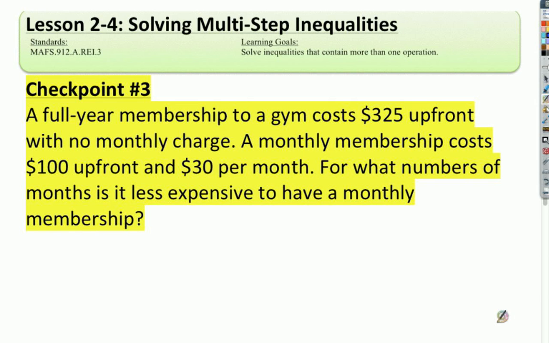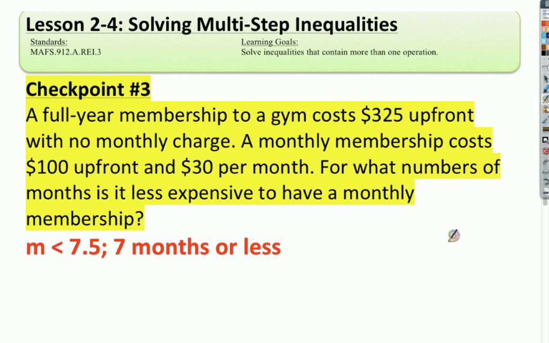Okay. So I think a lot of you had the symbol flip-flop the way you interpreted the question. So I asked what numbers of months it was less expensive to have the monthly membership.